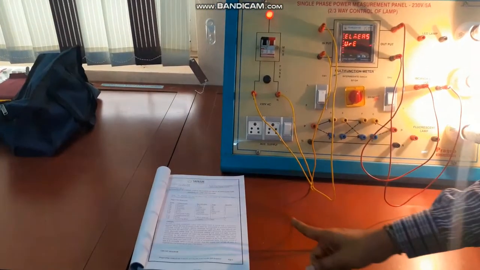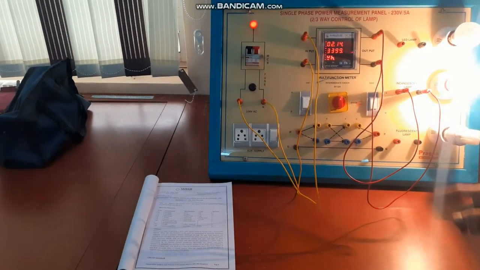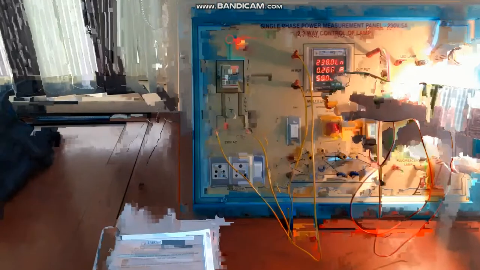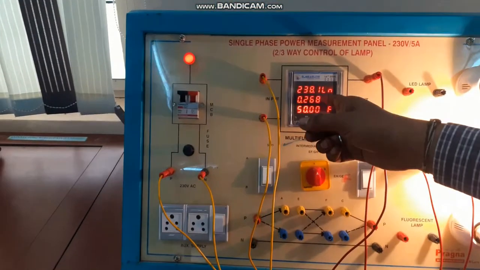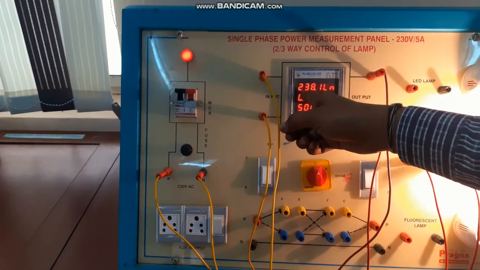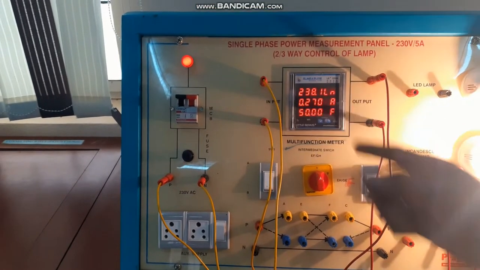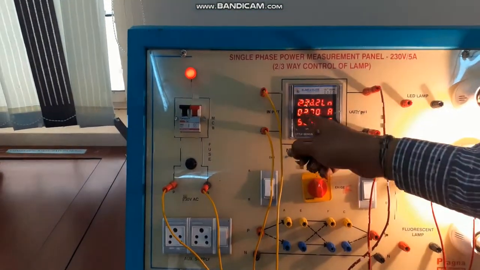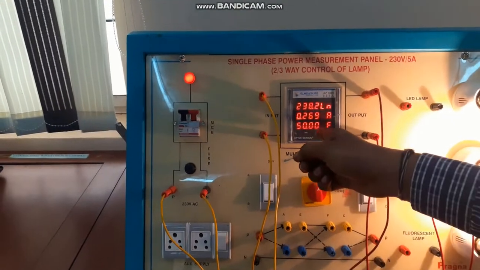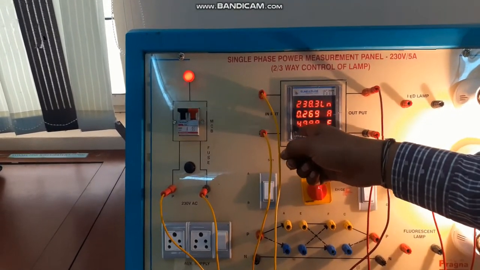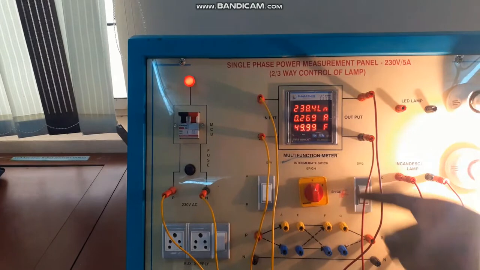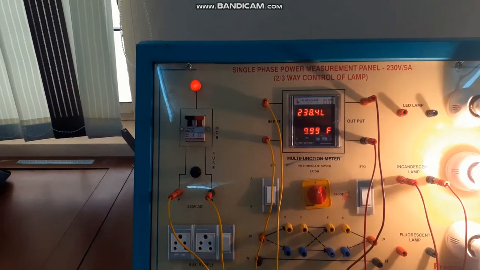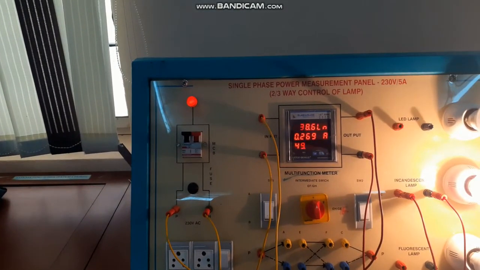If we switch on the supply to the multifunction meter, we read the phase to neutral voltage of about 230 volts, current of 0.270 amperes, and frequency 49.99, almost 50 Hz.